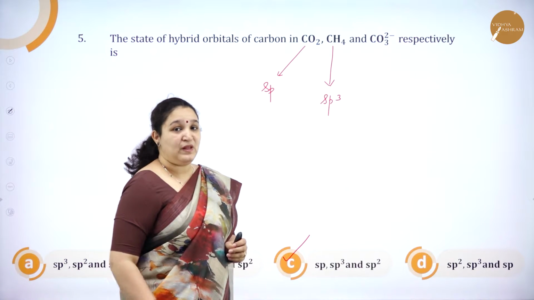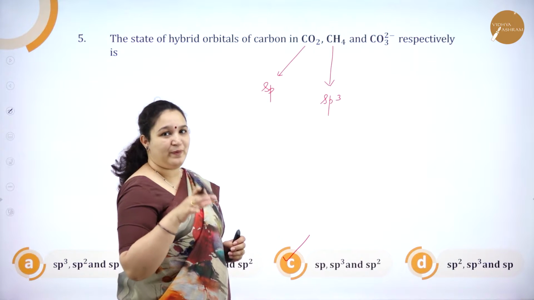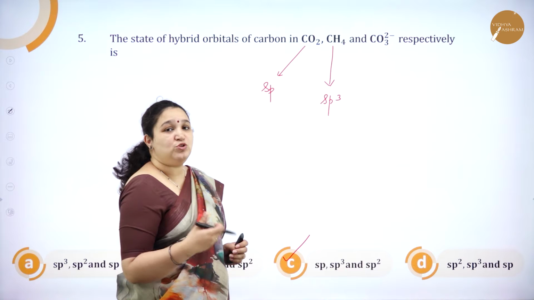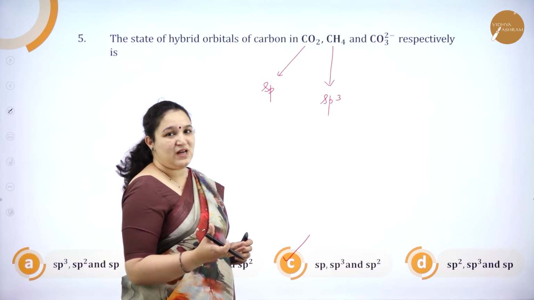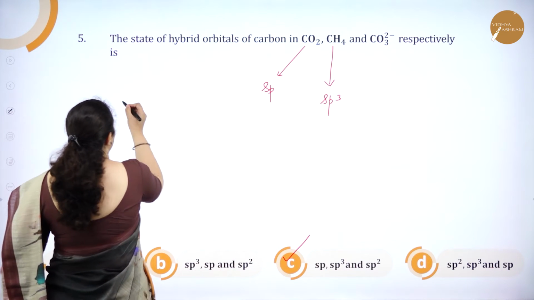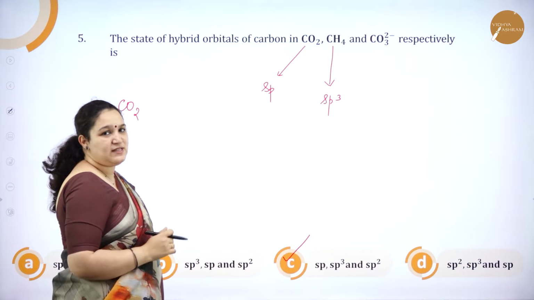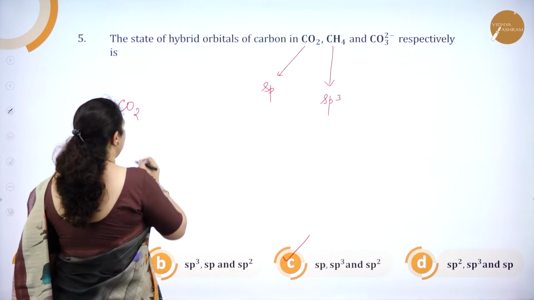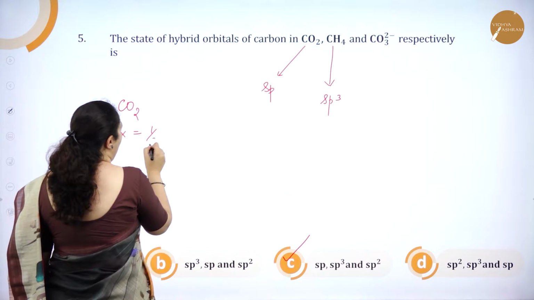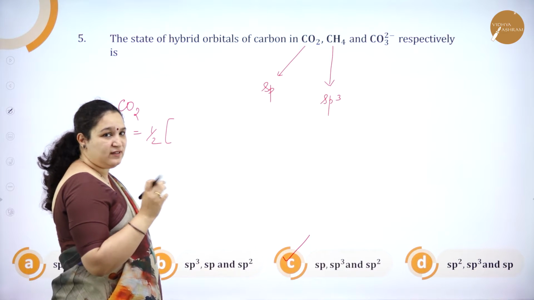So you can directly tick the answer even if you know only carbon dioxide and methane, which you have studied in your boards. But if you want to know the shortcut to predict the hybridization for molecules where you don't know at all what hybridization is taking place, then I shall show you the shortcut. So you have carbon dioxide. For example, I don't know the hybridization of the carbon atom in carbon dioxide. I use the formula X is equal to half into, I have to write the valency of the central atom.